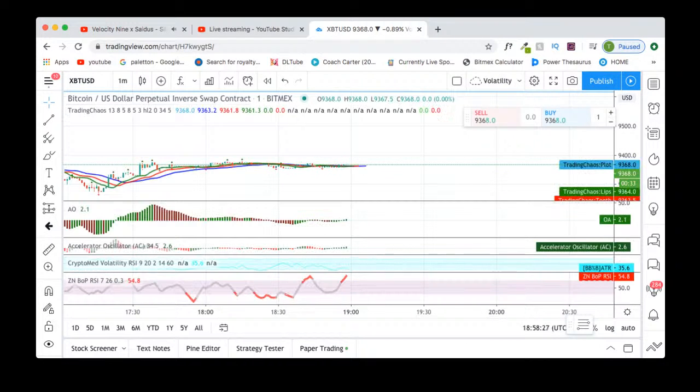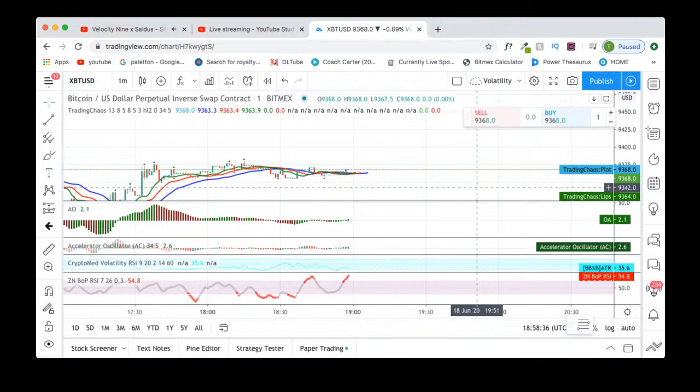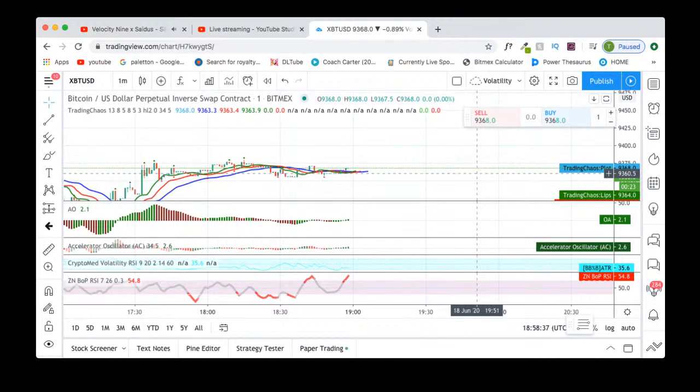So we got a saddle on the 1 minute though, and the volume's down. Let's go ahead and put a buy stop here.